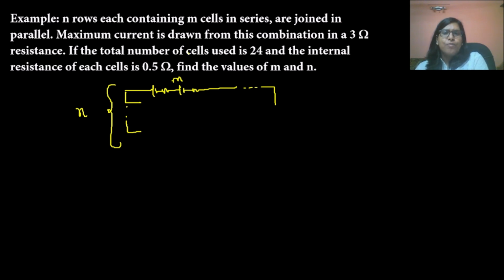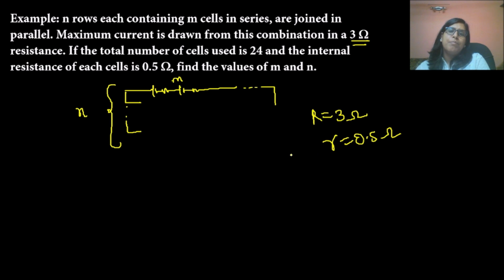Maximum current is drawn from this combination in a 3 ohm resistance, that means the capital R value is 3 ohm. If the total number of cells used is 24 and the internal resistance of each cell is 0.5, then find the values of m and n.